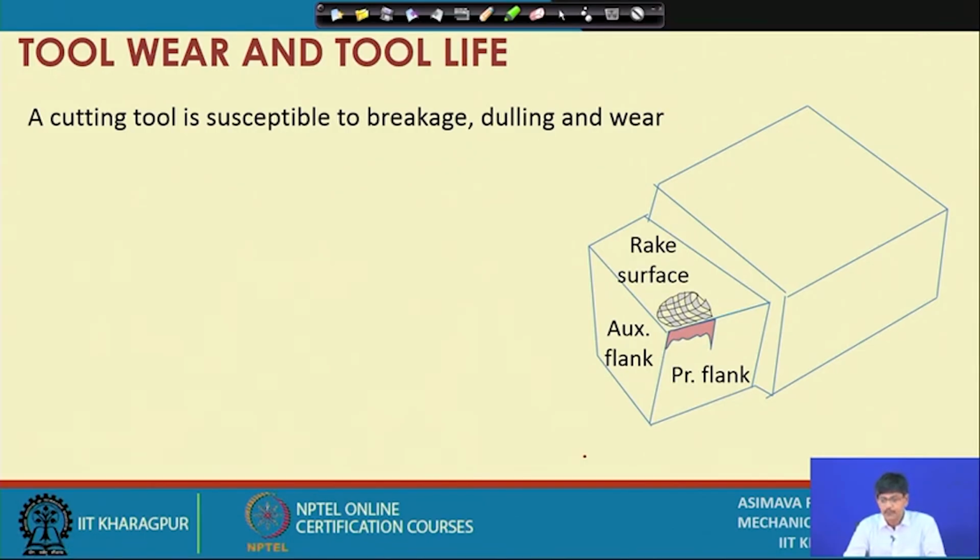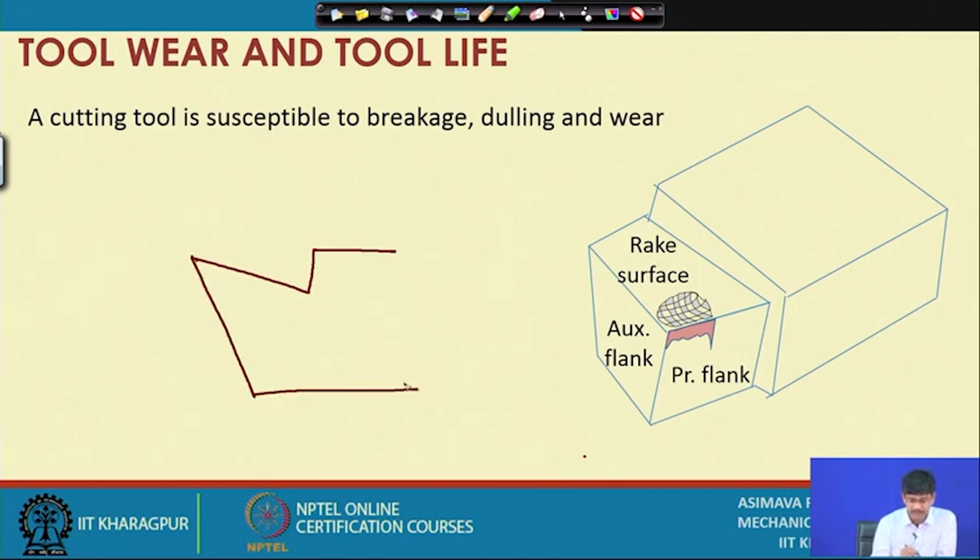So, when the chip is travelling over the rake surface, it tries to maintain its round motion along a circle sort of. Okay, let me draw this on this side. If this be the tool, initially it is a sharp tool and the chip is coming and moving.